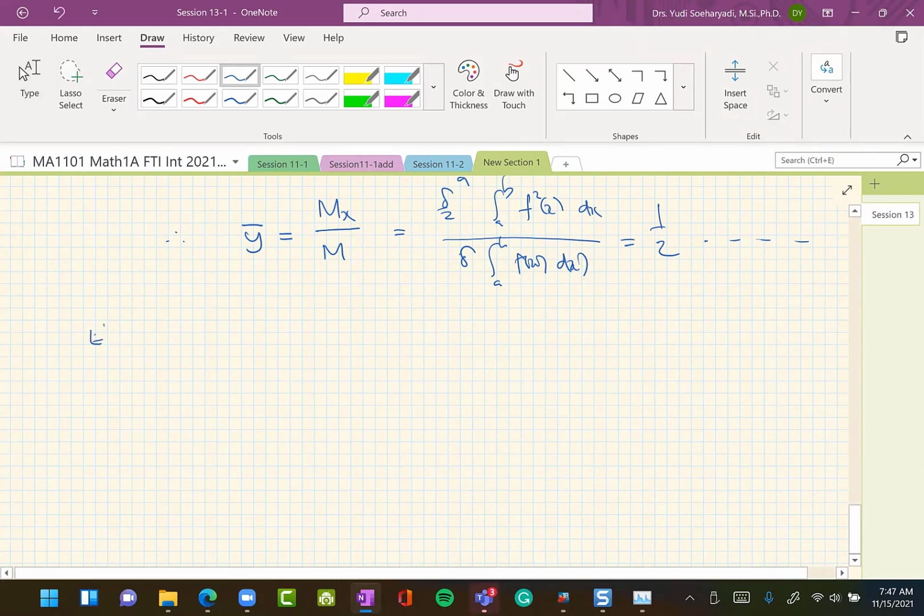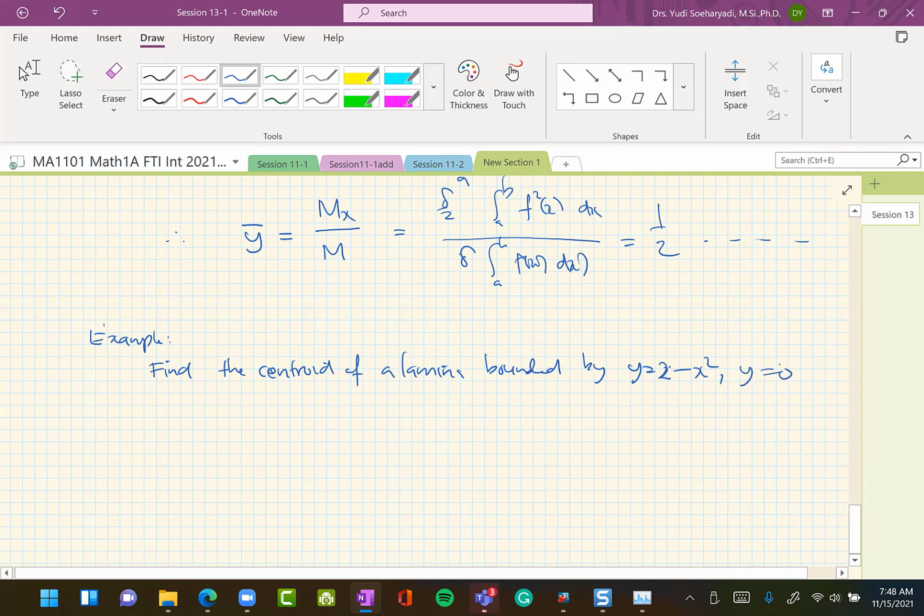Find the centroid of the region bounded by y equals 2 minus x squared and the x-axis, y equals 0.